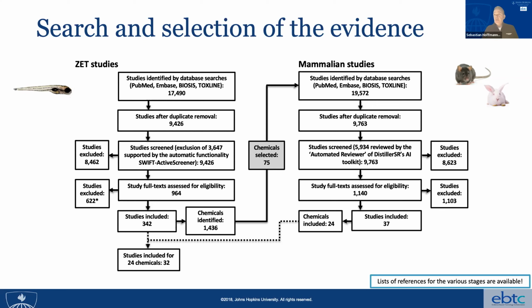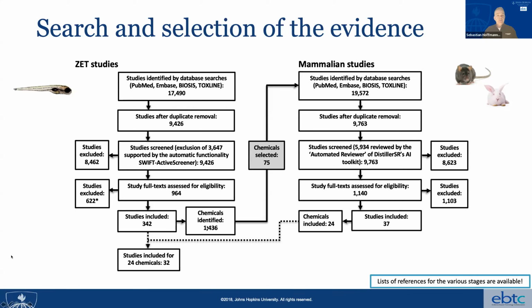Not going into any great detail, but starting with the zebrafish study, we had about 10,000 studies, which after title and abstract and full text screening boiled down to 342 studies that were included. And in those, we identified almost 1,500 chemicals that were tested.